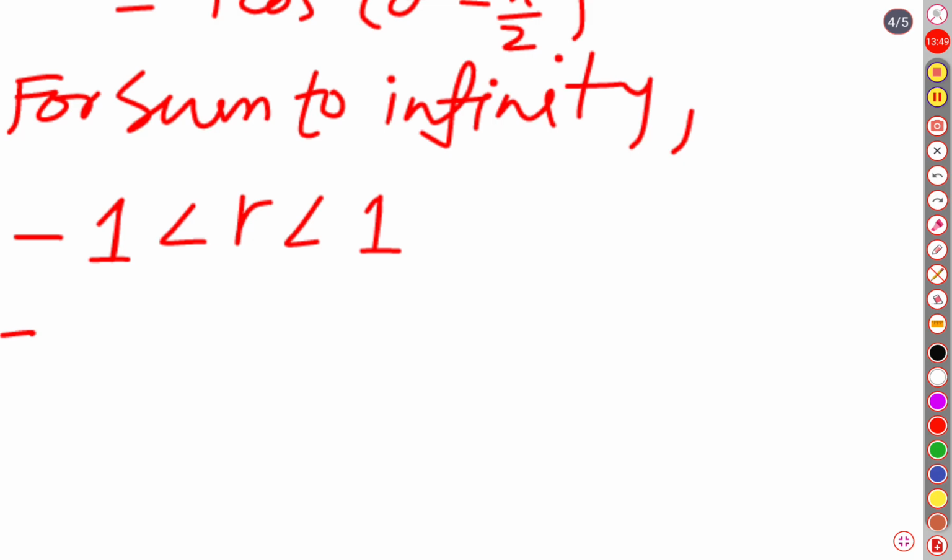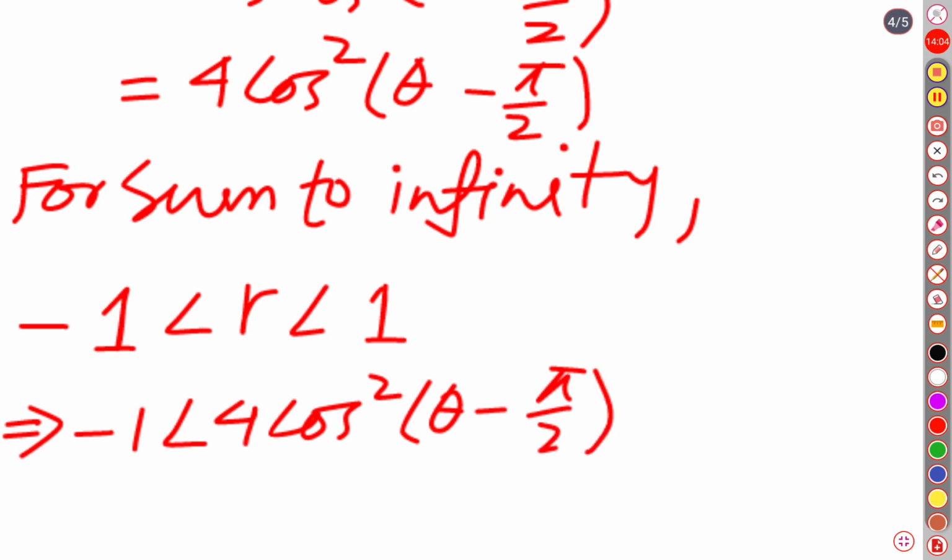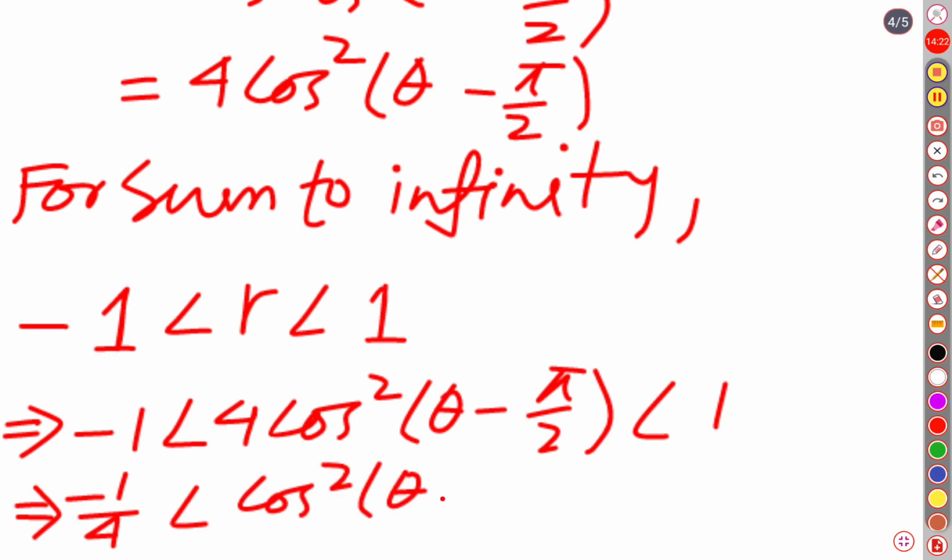So negative 1 less than r, and we have just found r is 4 cos^2(theta minus pi over 2), less than 1. Then if we divide the whole inequality by 4, it is going to be negative 1 over 4 less than cos^2(theta minus pi over 2) less than 1 over 4. Let us simplify this.